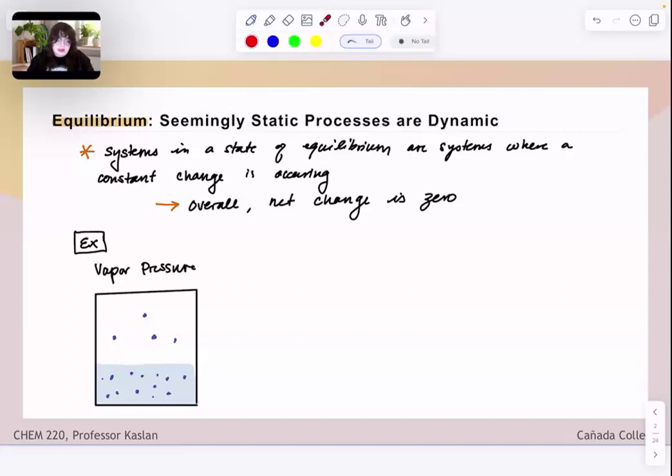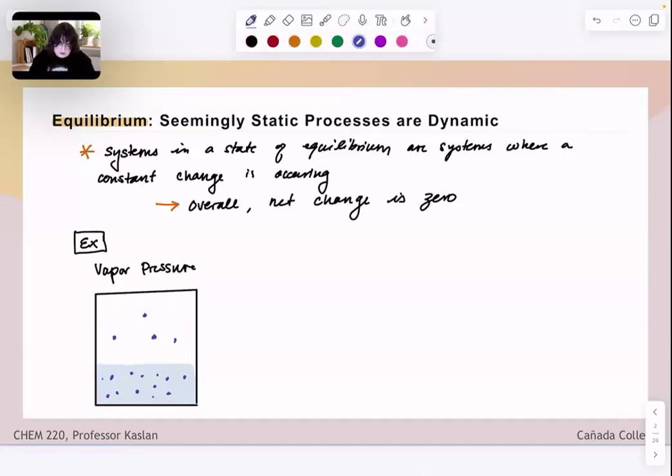And when you and I look at this little diagram that we've drawn a couple of times, right, it looks like we have a static or non-changing thing that's happening in the beaker. It looks like we've just got molecules that exist up here in the gaseous phase, and then molecules that exist on their own here in the liquid phase. And like that's kind of it, right?